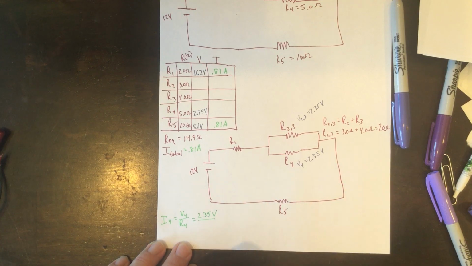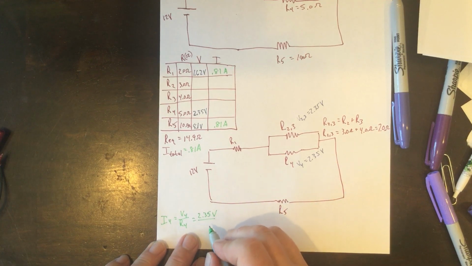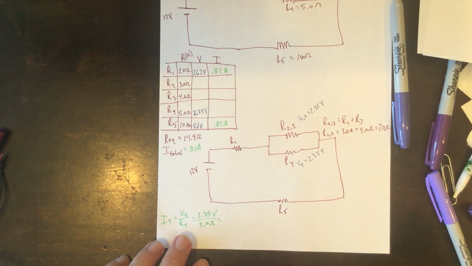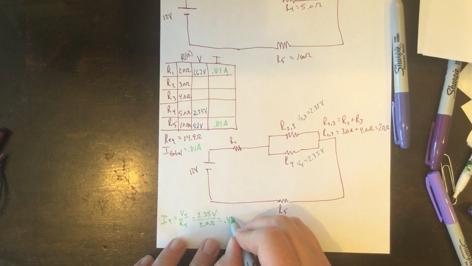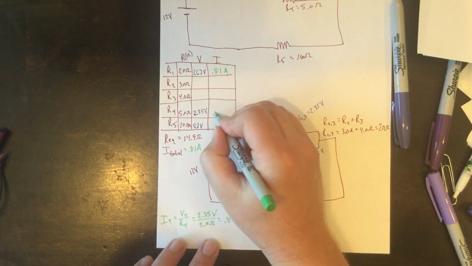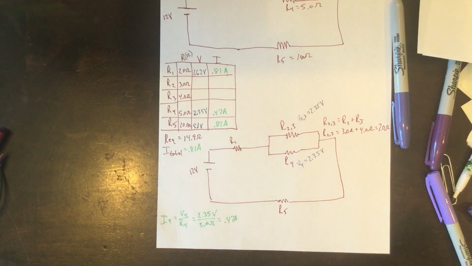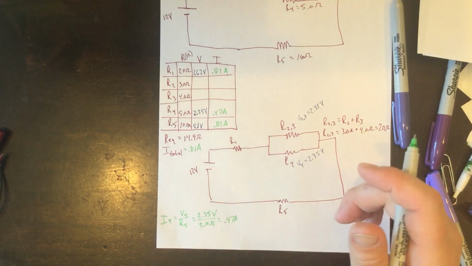We just wrote that. And the resistance for 4 is going to be 5.0 ohms. So the current would be 0.47 amps. I keep looking back at my other paper and checking.